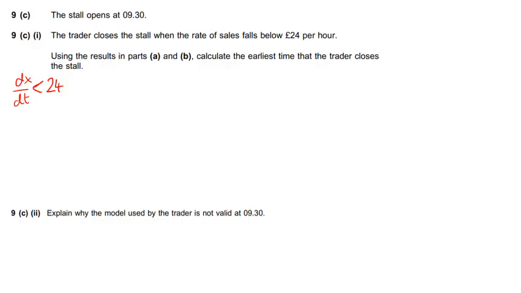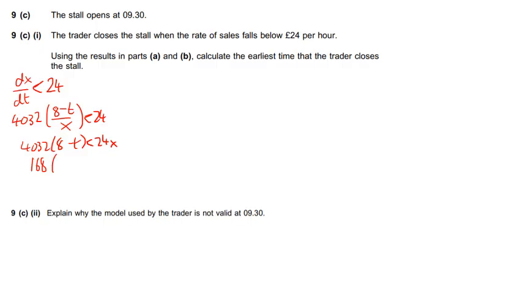Well, we had an expression for that, dx by dt. Dx by dt was, from the first part, 4032 times 8 minus t over x. So if we multiply the x across, we have that, and then divide by 24.